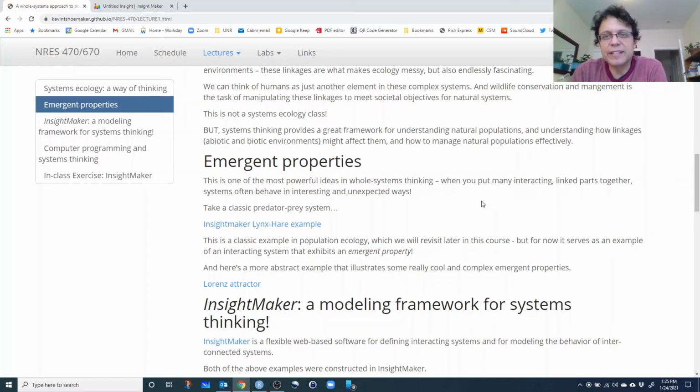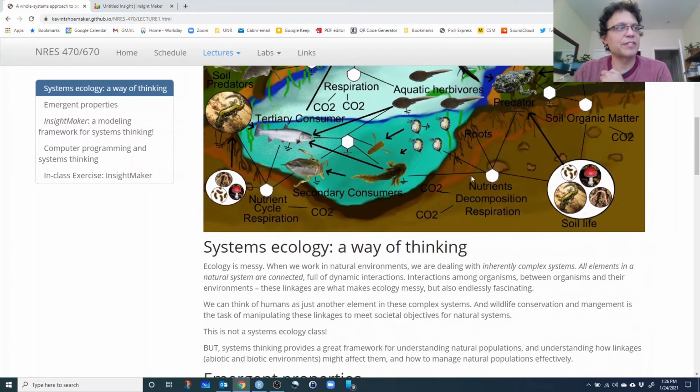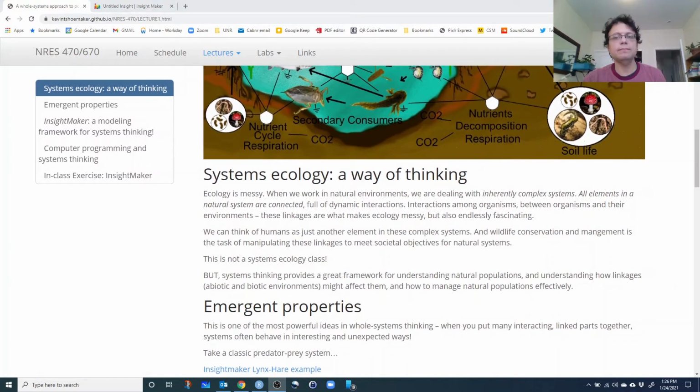One of the really important points that comes out of systems thinking, that's what we're talking about here, thinking about these complex systems and using computers to help us understand these complex systems. And one of the most important concepts that comes out of systems thinking in general, and you can read more about this in chapter 1 of the interactive textbook, Beyond Connecting the Dots.